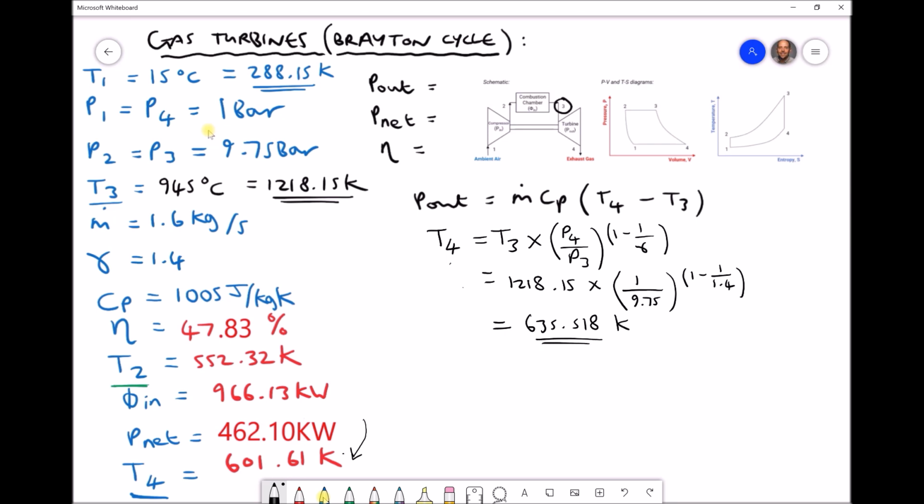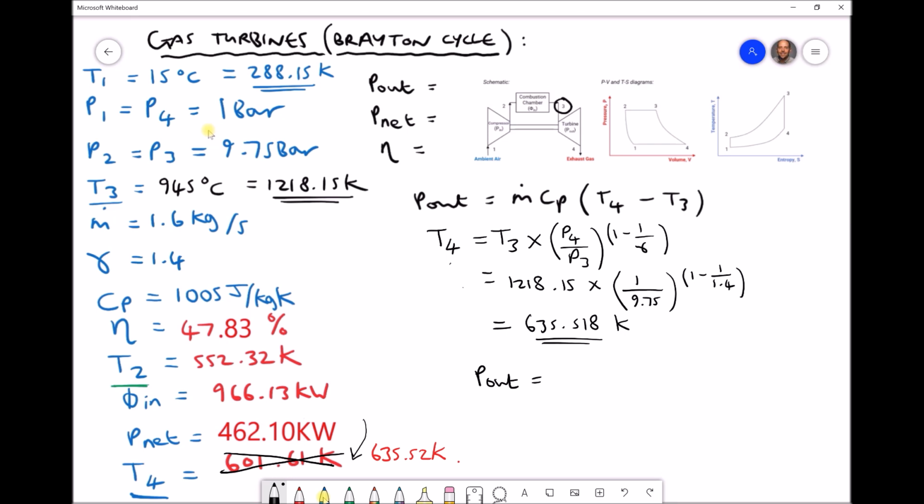So let's cross out the previous value of T4, and our new value then is 635.52 Kelvin.